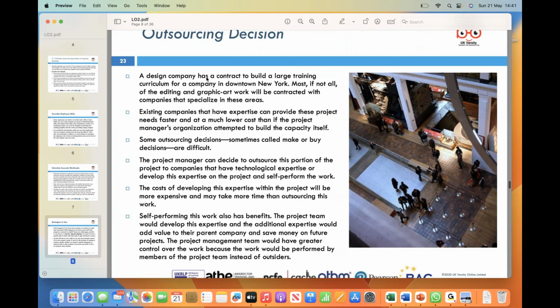In this scenario, the design company has the option to contract out certain aspects of the project, such as editing and graphic artwork, to specialized companies. These external companies have the expertise to deliver these services quickly and at a lower cost than if the design company were to handle them internally.